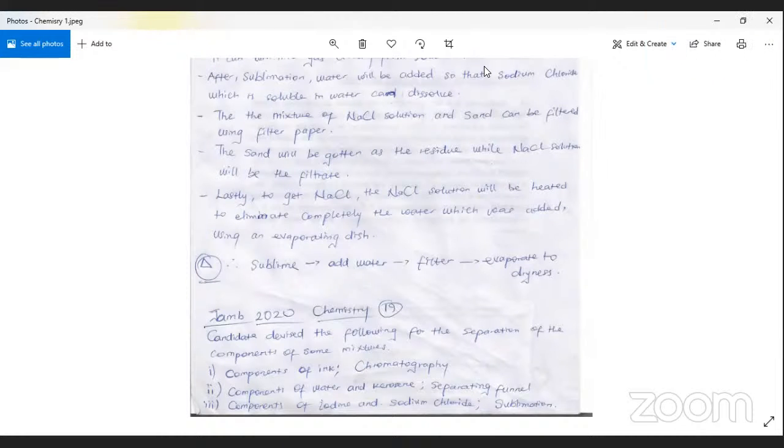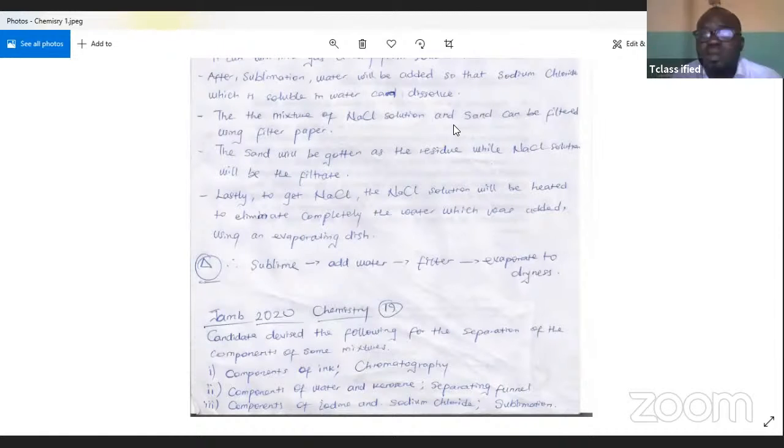The reason is that water will be added so that sodium chloride, which is soluble in water, can dissolve. No. When we are looking at iodine and sodium chloride, why should we use sublimation? We are using sublimation because iodine can sublime. Iodine can change straight from solid to gas.